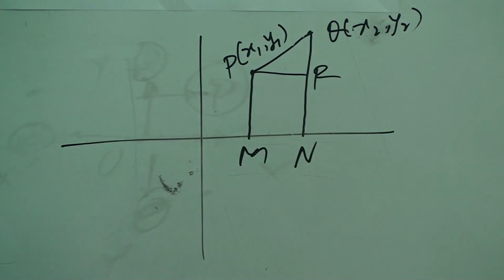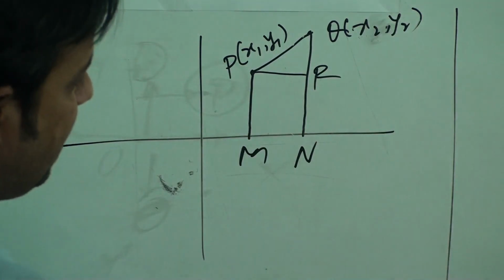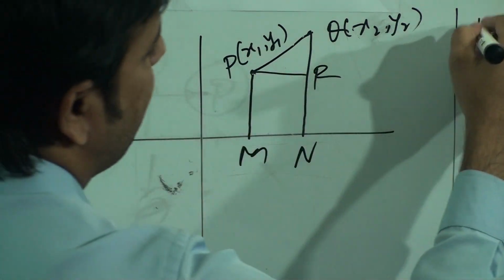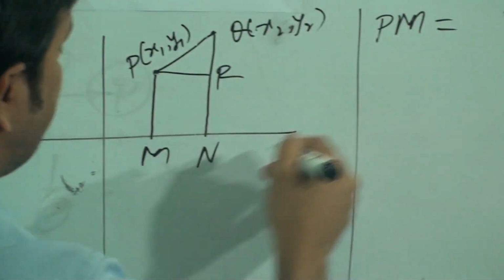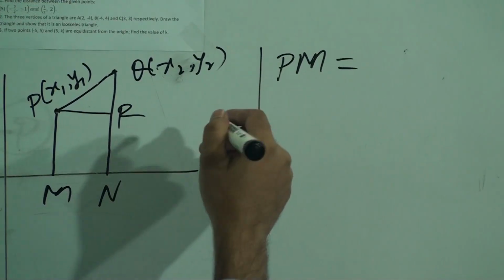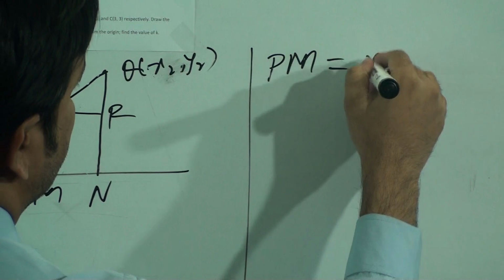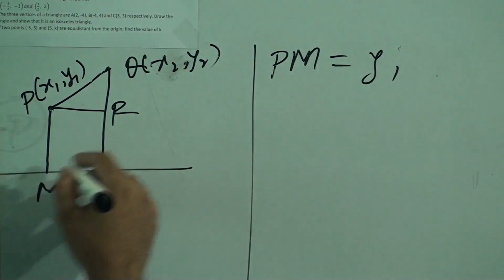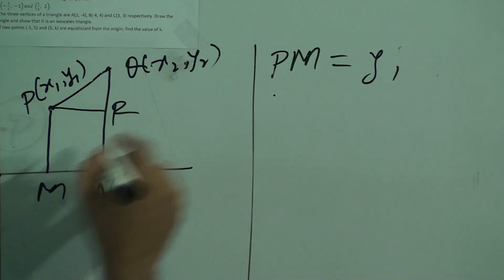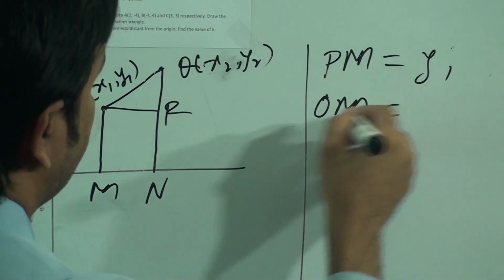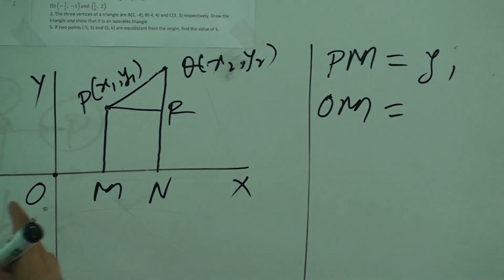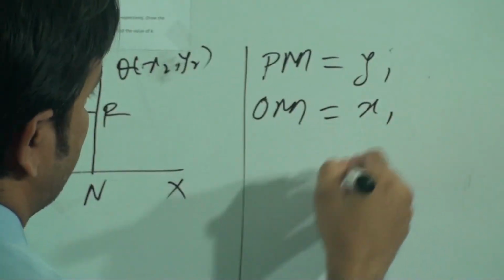At first, from this figure, PM means the perpendicular distance of point P from the x-axis, that is y1. And if we consider this is O, the origin, then OM equals x1.